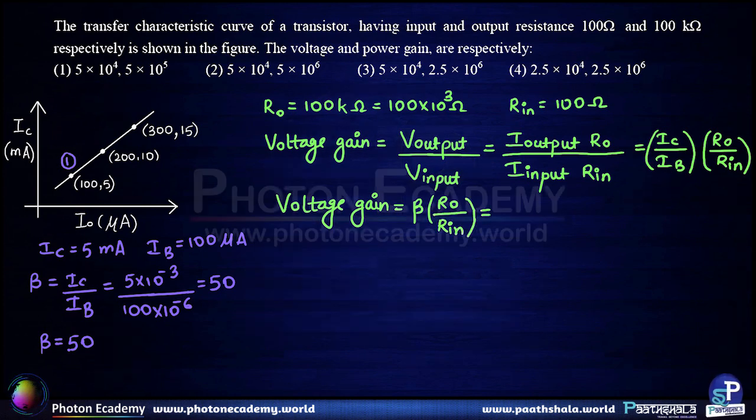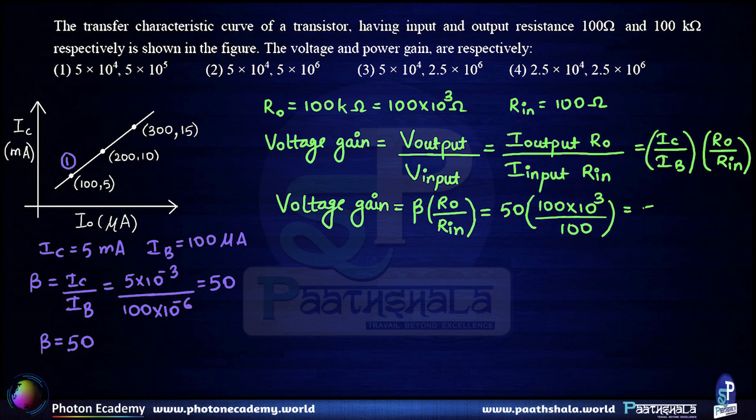Putting all the values, we get 50 into 100 into 10 to the power 3 upon 100. That is 5 into 10 to the power 4, which is the voltage gain.